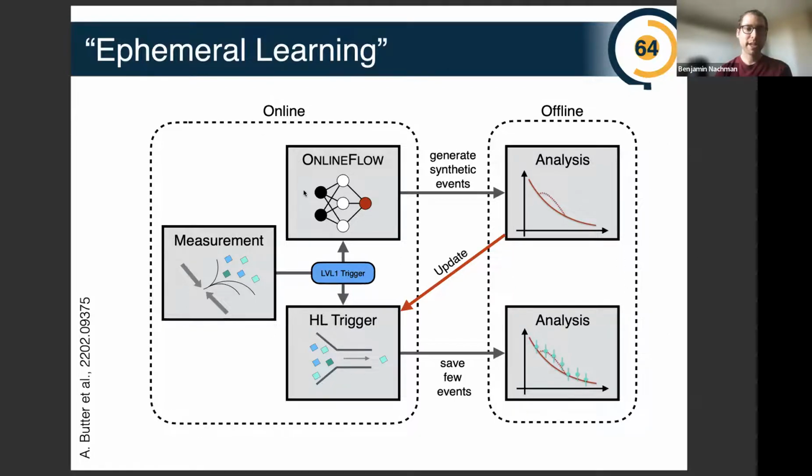Instead, we propose a parallel path, where every collision gets passed to a density estimator, say a normalizing flow, which learns the density of the data in real time. Then when you're done taking data, you can generate examples from your normalizing flow and analyze them offline using whatever method you like, a bump hunt. And the idea is that if your normalizing flow is good, it will capture all of the data into the parameters of the normalizing flow.